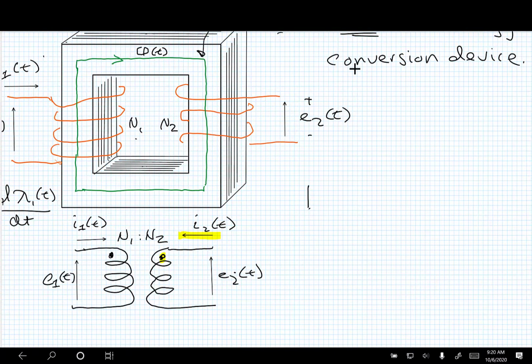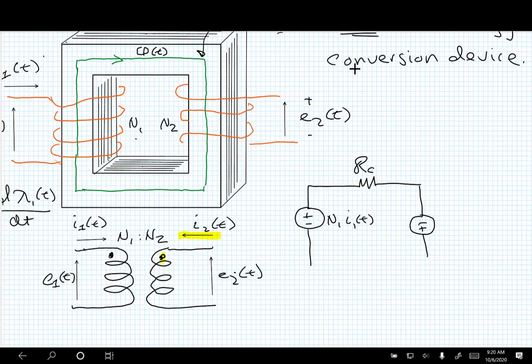The magnetic circuit of this structure has N1 times I1 of T, there's no dot on top of that 1 there, applied MMF flowing through the reluctance of the core, and the way I have this defined right now, N2 I2 of T is in the opposite direction, so the two MMFs are adding up to the total flux.